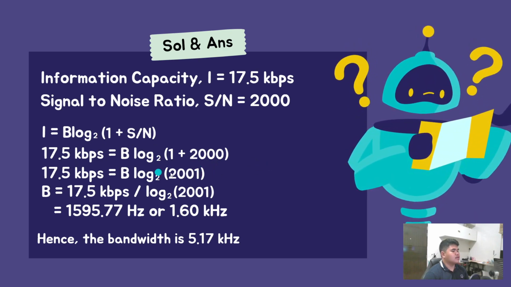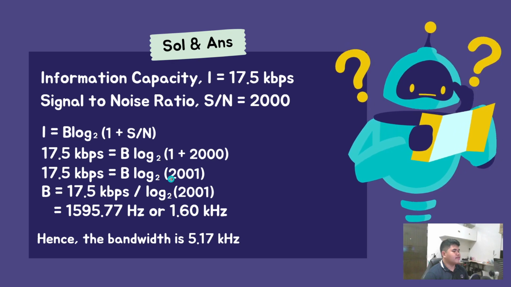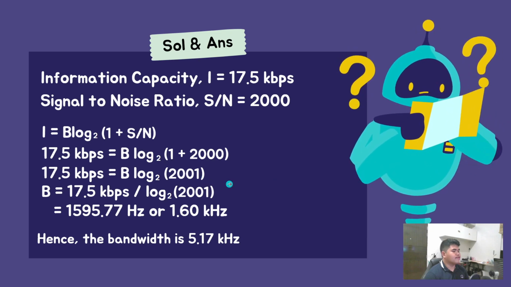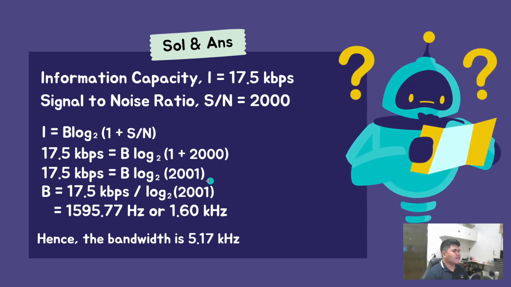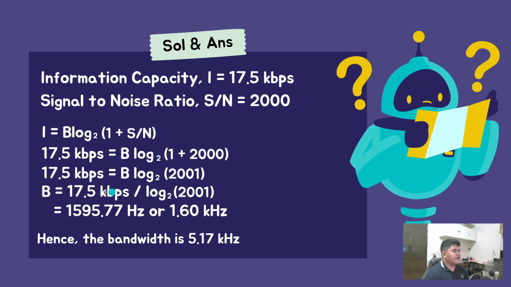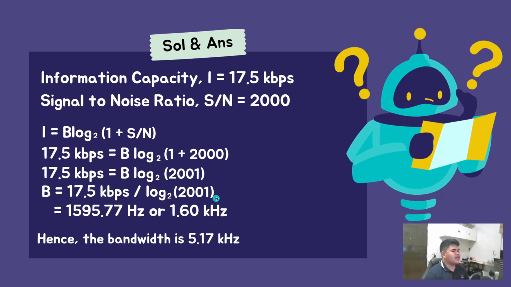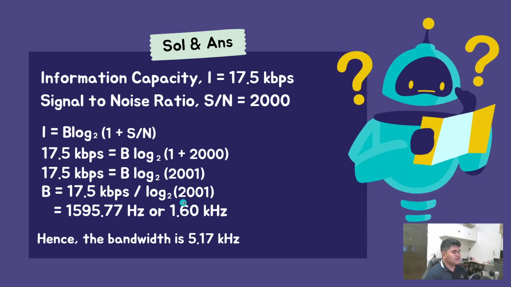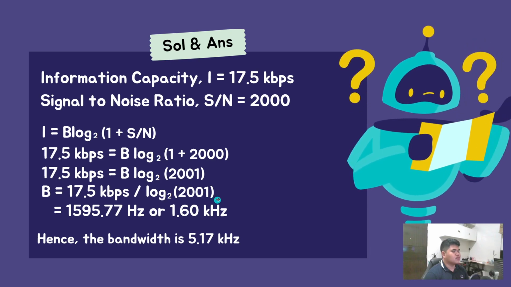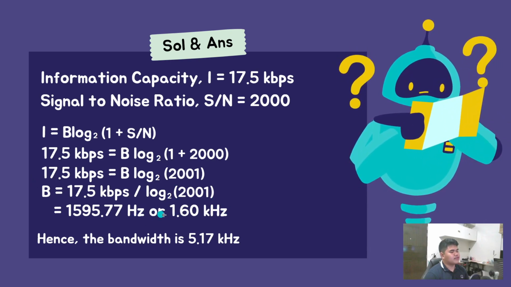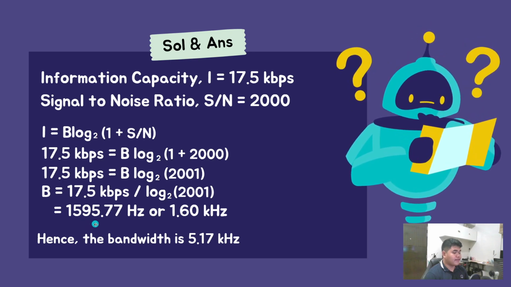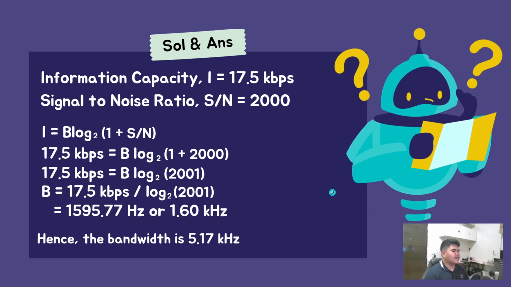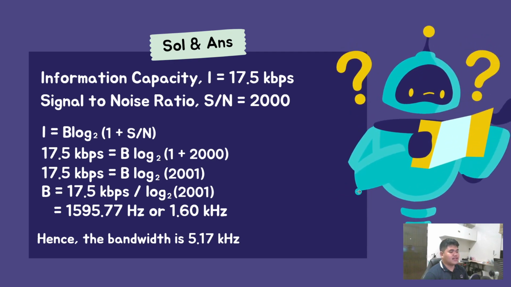After this, we separate B from all the values we have in order to solve for the bandwidth. After separating B from the rest of the equation, we arrive at the equation that B equals 17.5 kilobits per second over log 2 of 2001. And then after solving, we get 159595.77 Hz or 1.60 kilohertz. Hence, the bandwidth is 5.17 kilohertz.